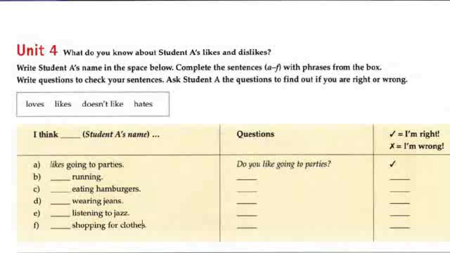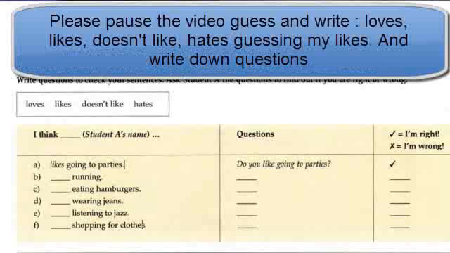Letter E, listening to jazz. Letter F, shopping for clothes. First, you're going to write down my name here, and you're going to guess if I like running, eating hamburgers, wearing jeans, listening to jazz, shopping for clothes.